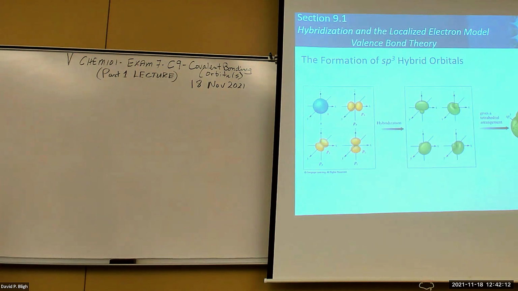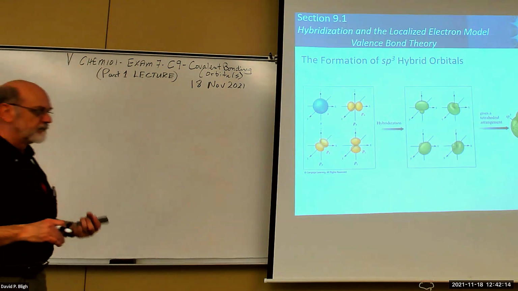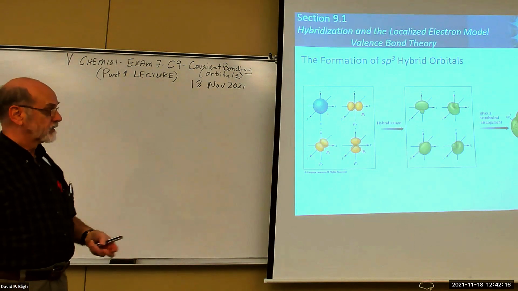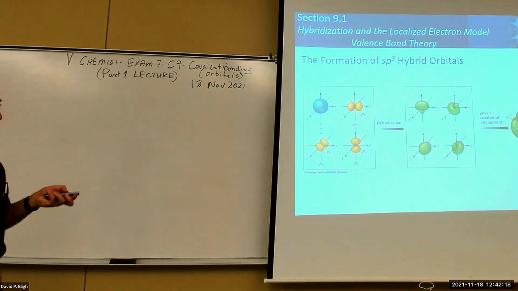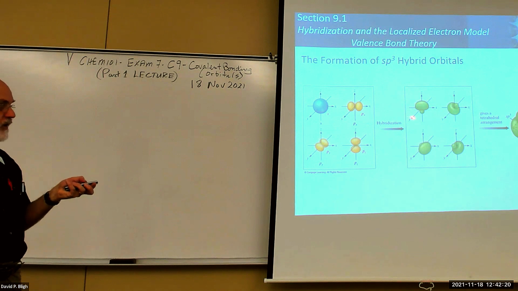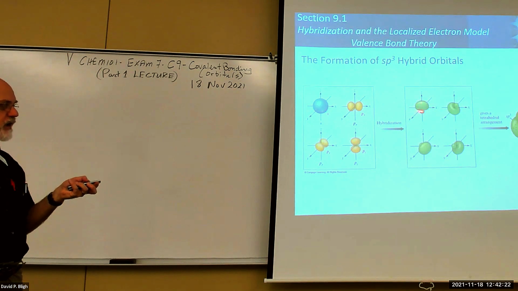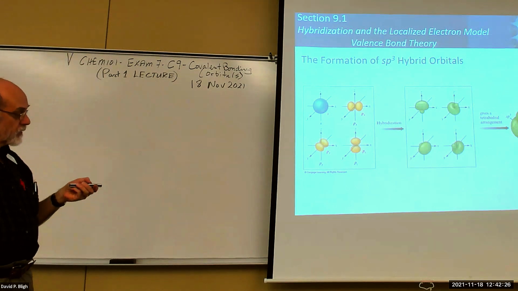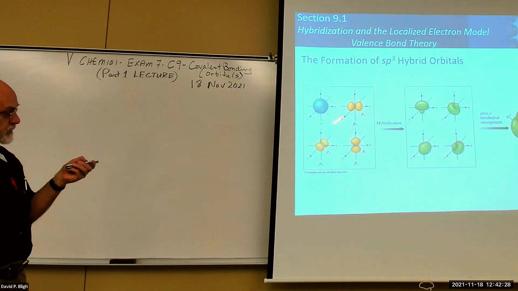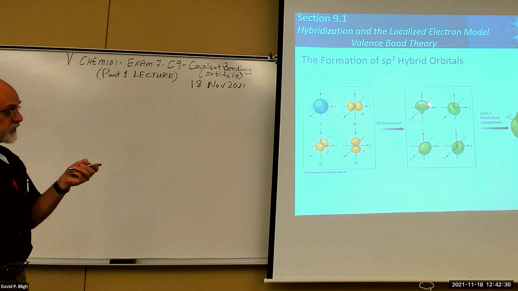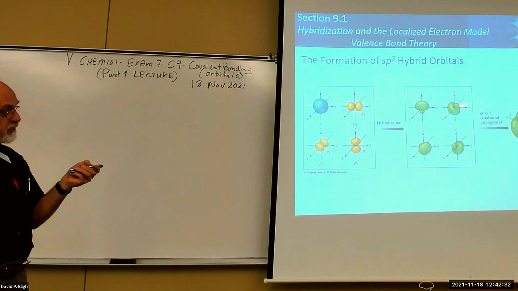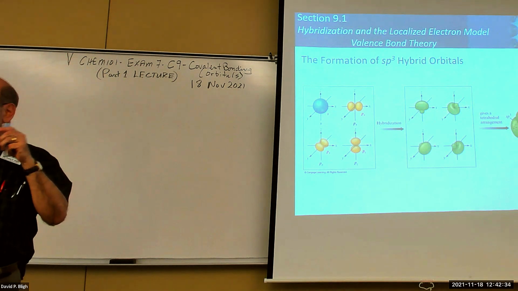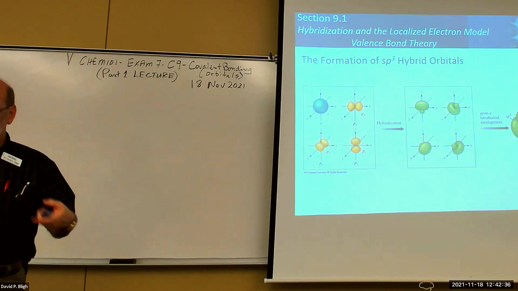Okay, so this is what the computer would spit out, this electron density model to show where the electrons are likely to be found. This is sort of a shape, whereas these would be dumbbells, right? And this would be spherical. These 4 equivalent orbitals would be pointed toward the corners of the tetrahedron.